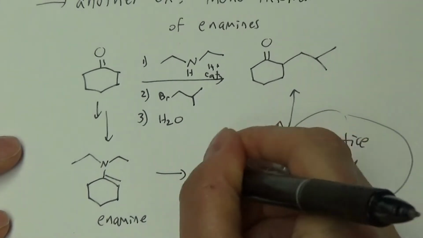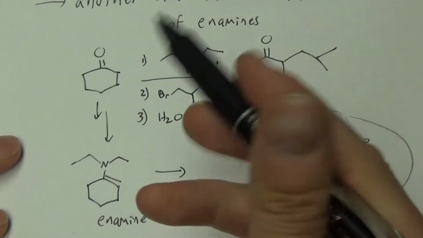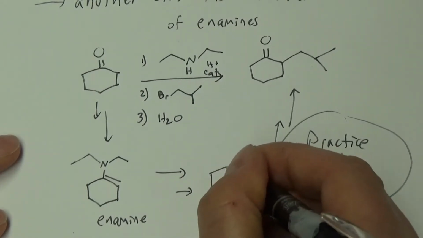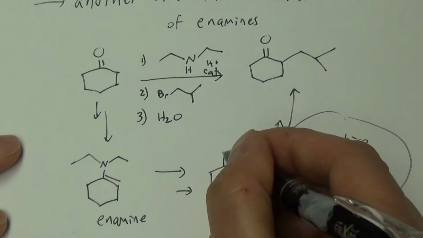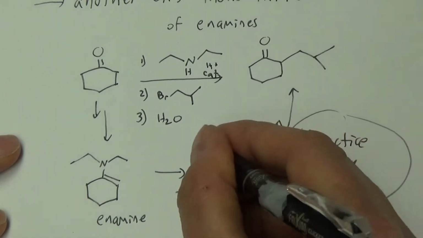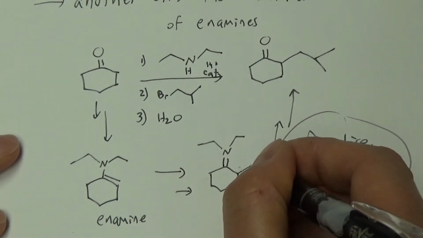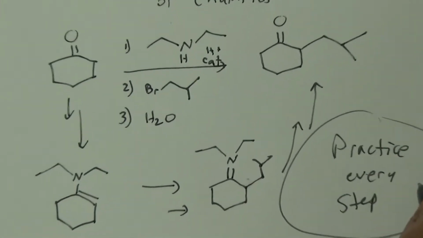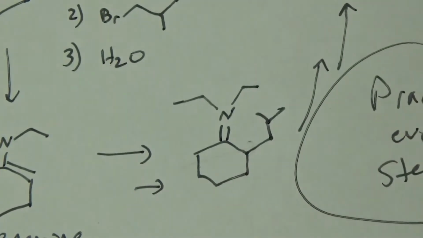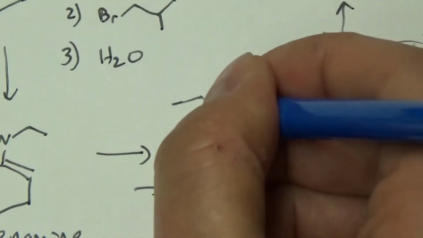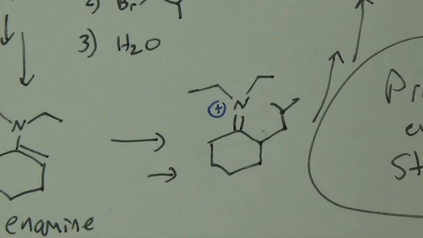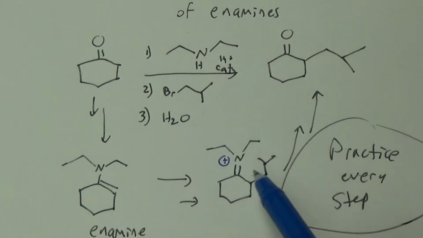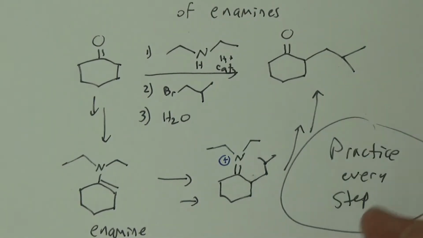Maybe I'll just draw that intermediate for you. It's the iminium, right? Plus charge on nitrogen. And then the hydrolysis, in which water attacks. We just showed you that. See if you can do this.